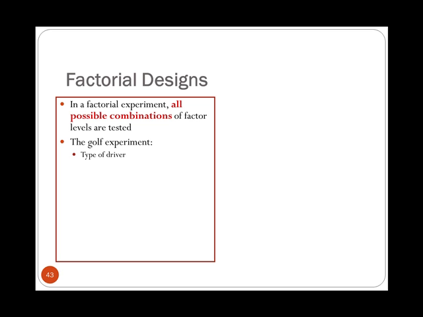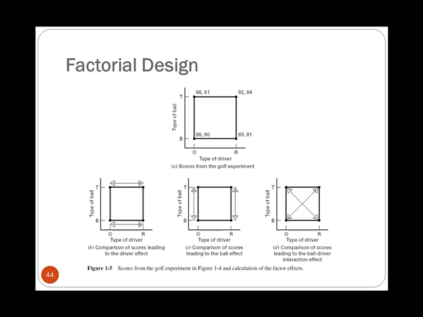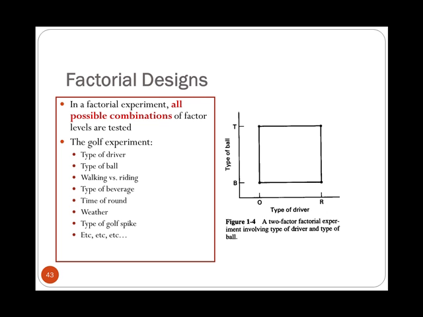In a textbook, the author provided an example of a golf experiment. Factors include type of driver, type of ball, walking versus riding, type of beverage, time of round, weather, type of golf spike, etc. A two-factor factorial experiment could have two factors, type of driver and type of ball.